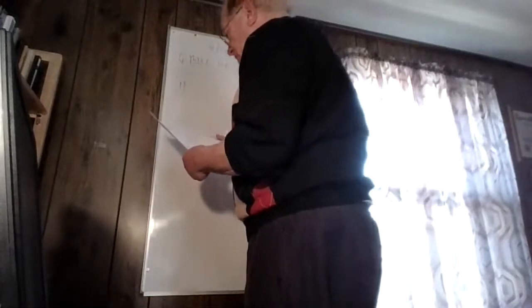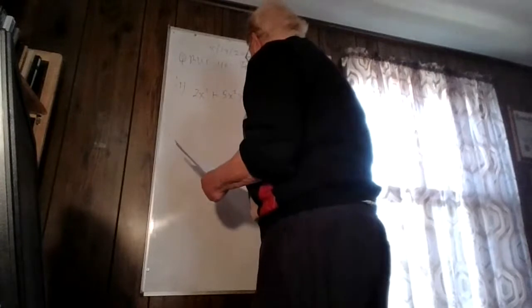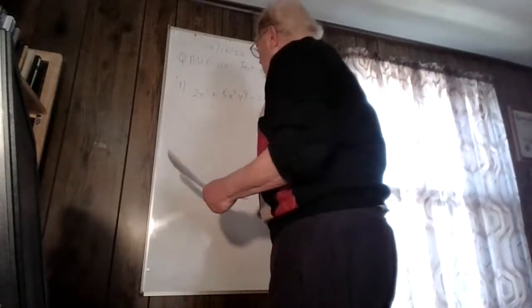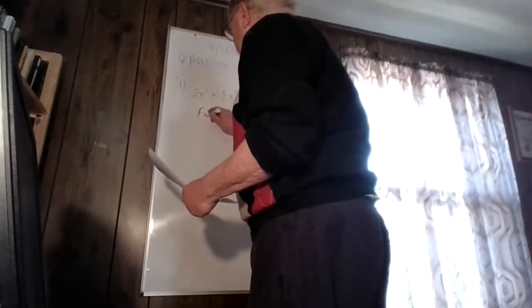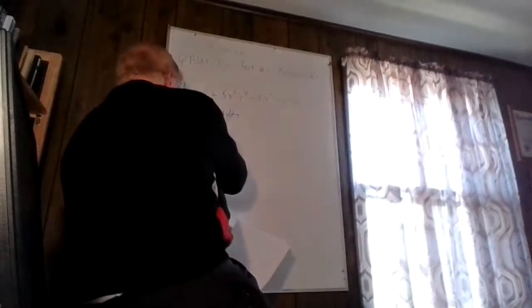We're going to do 2x squared plus 5x squared y to the 4th minus 2y squared minus 10 equals 0. You want to find dy/dx. Okay? So let's find dy/dx of each term.